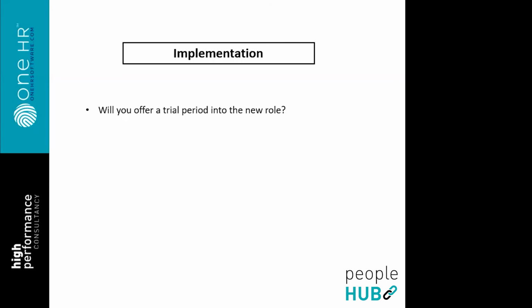So I think offering a trial period into that new role is a great benefit for them and you, to say, yeah, this is working, or no, potentially it's not, so we're going to have to make you redundant.